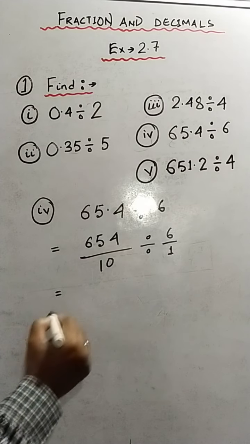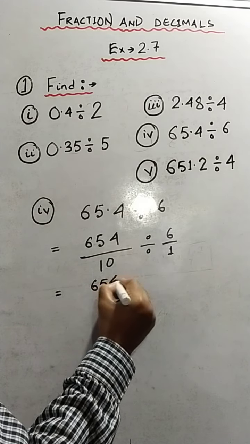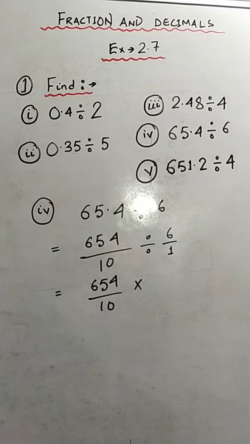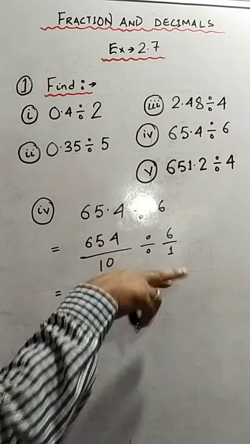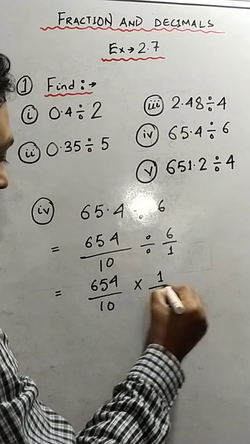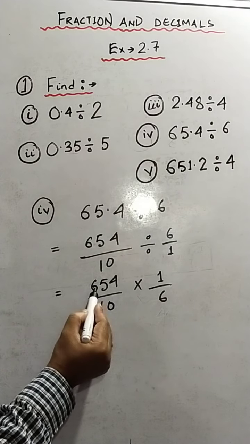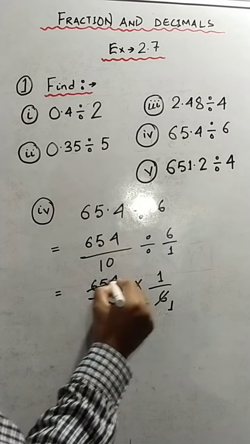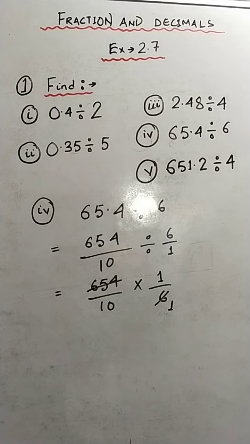Now in the second step, 654 divided by 10, we will put the multiplication sign in place of the division sign, and this fraction will become its reciprocal. It will look like 1 upon 6. Now let's reduce this 654 by 6 with 6, that is 6 ones are 6, and 6 nines are 54, and the solution would be 109.